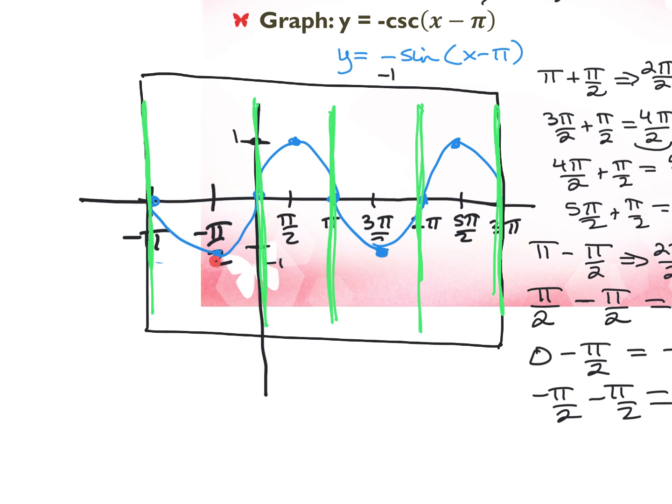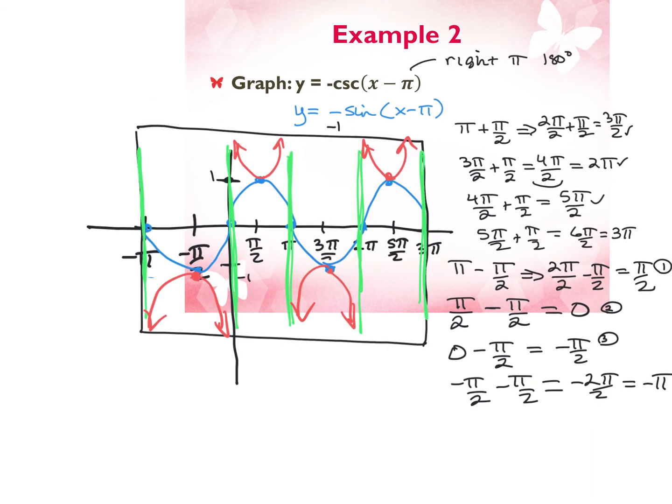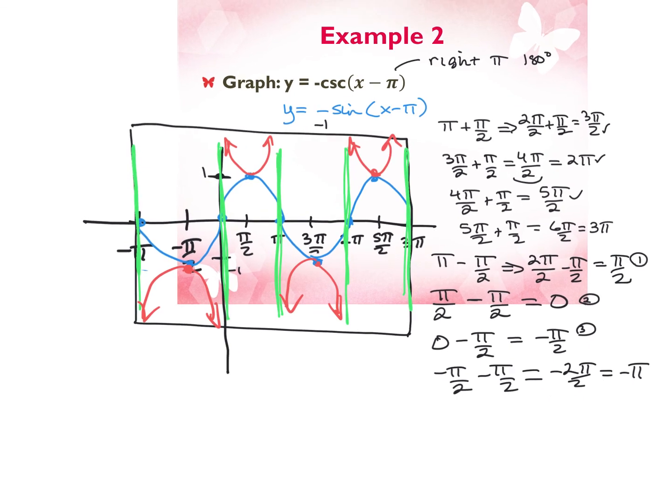So I have a U that's located here, and here, and here, and lastly above the 5 pi over 2. And there is your cosecant graph with a horizontal shift to the right, pi radians, or 180 degrees.